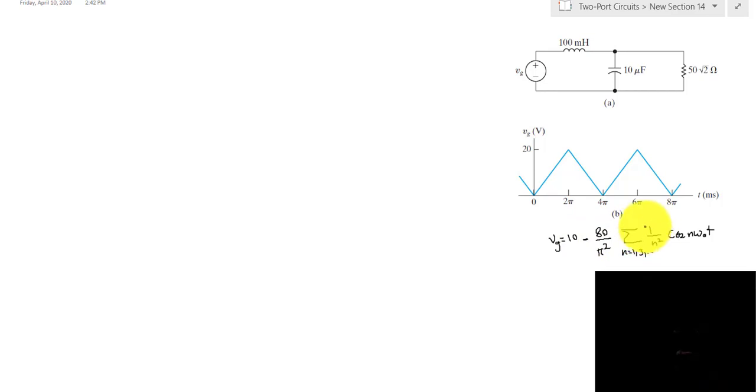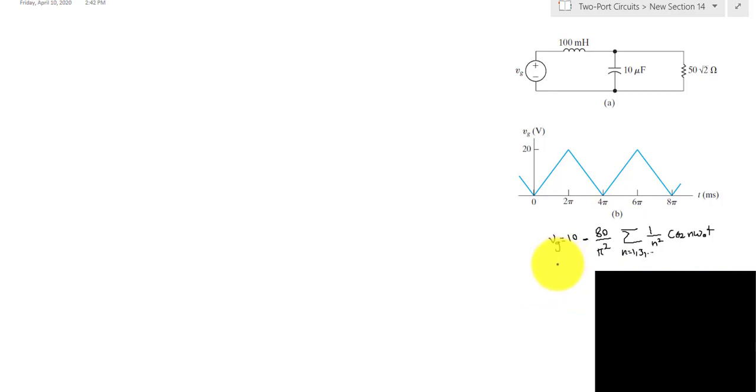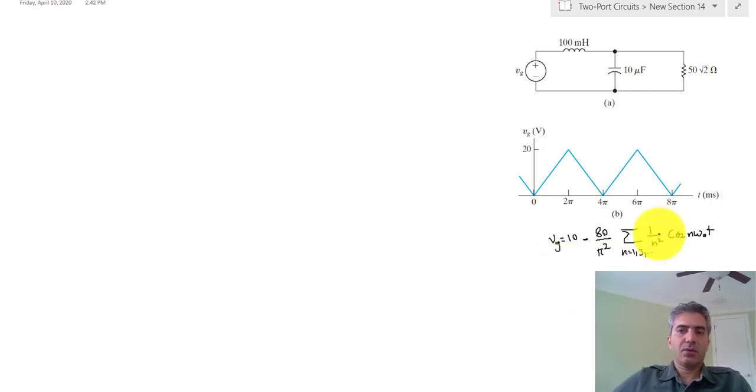We already know how to calculate the response of any circuit, or analyze a circuit, when the input is sinusoidal. Now this specific signal happens to be a combination of several sinusoidal signals.